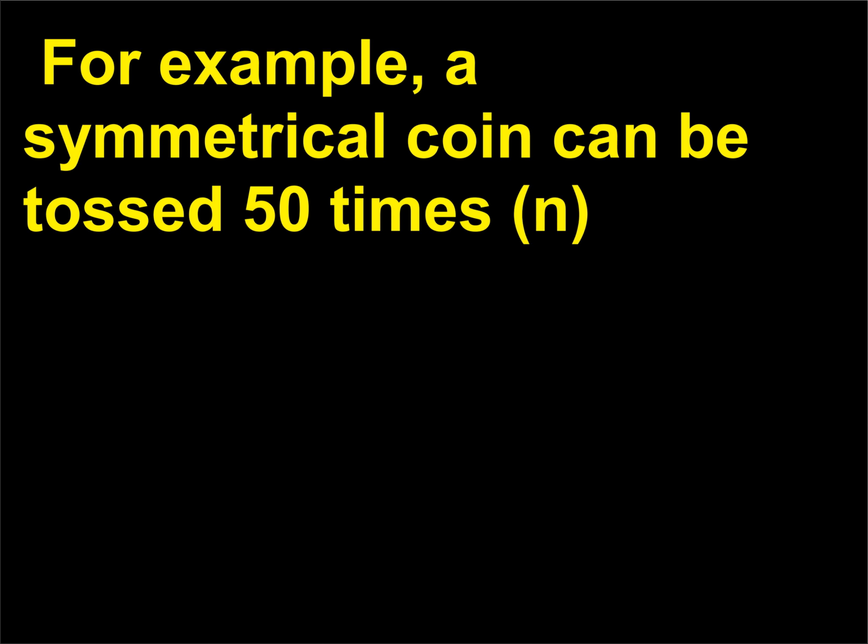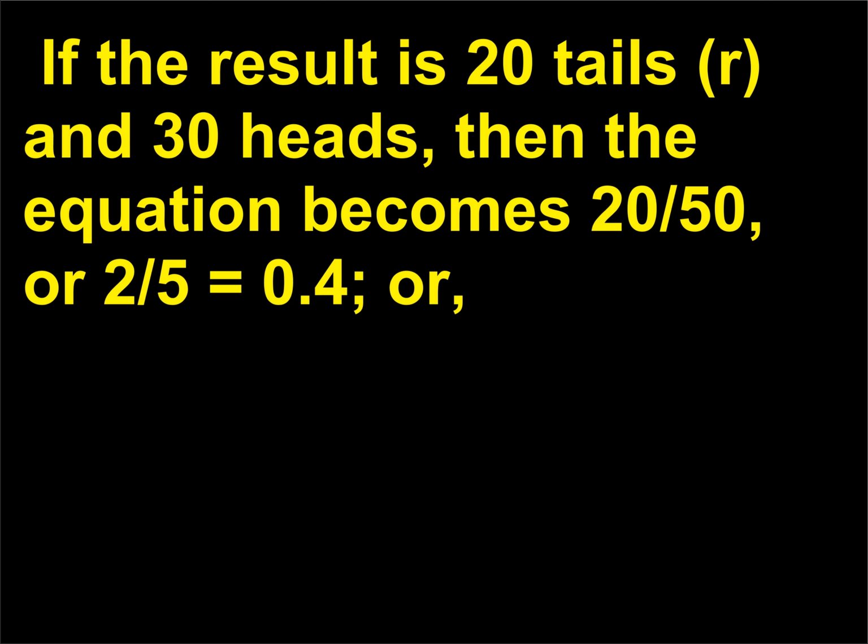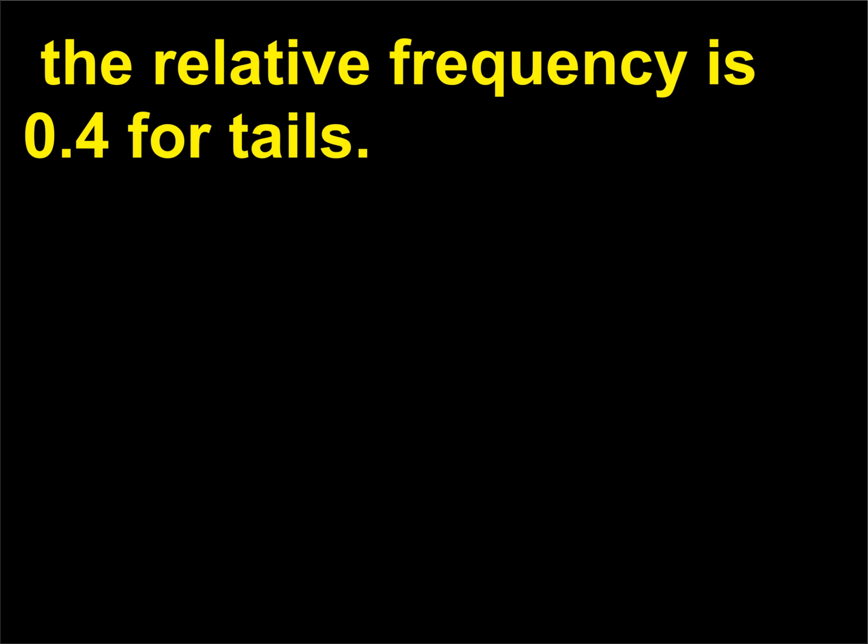For example, a symmetrical coin can be tossed 50 times, N, in order to find out how many times tails will occur, E. If the result is 20 tails, R, and 30 heads, then the equation becomes 20/50, or 2/5, equals 0.4, or the relative frequency is 0.4 for tails.